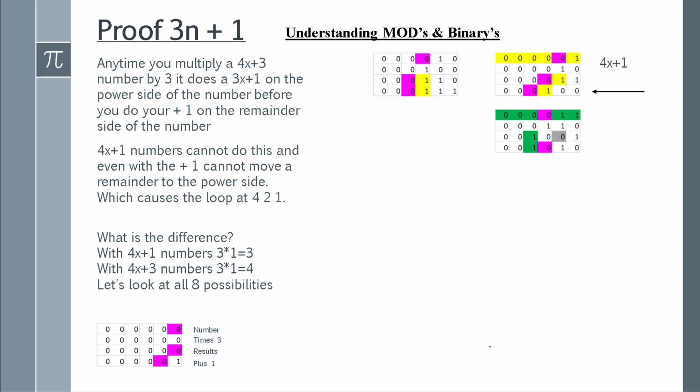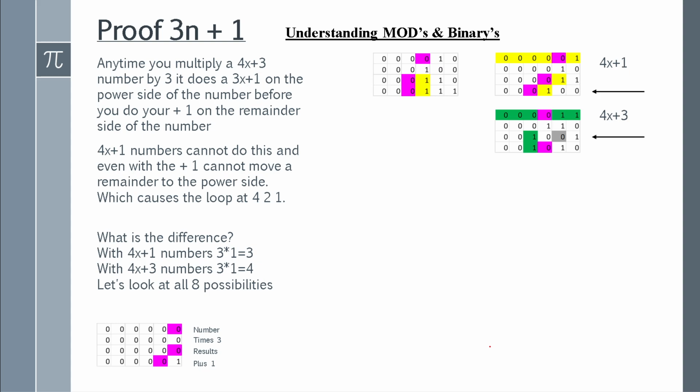With the number 3, we have a 3 mod 4 number, and what happens is we have a 3x plus 1 happen when we multiply by 3. All right, our power position doesn't change.